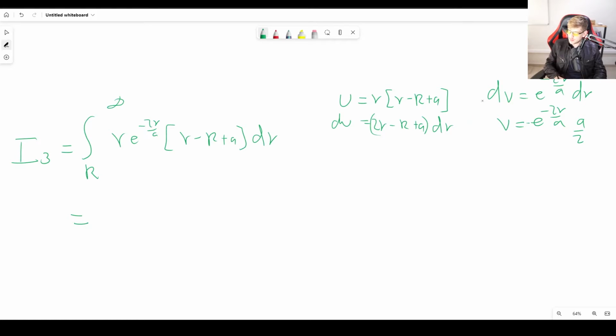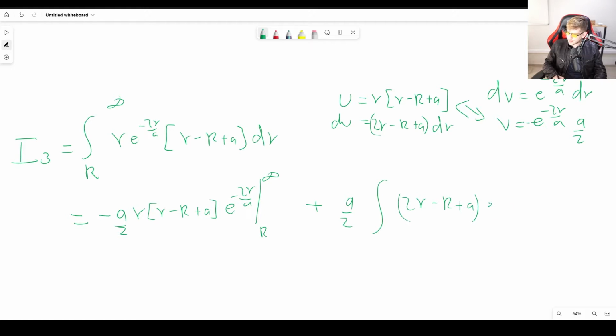So we get this first product, which will be minus a over 2 times r minus r plus a times e to the minus 2 over r between big R and infinity. And then we get the second part of the integration by parts, which is minus this thing. And there's also minus here, so we get plus a over 2 integral of 2r minus big R plus a exponential dr.